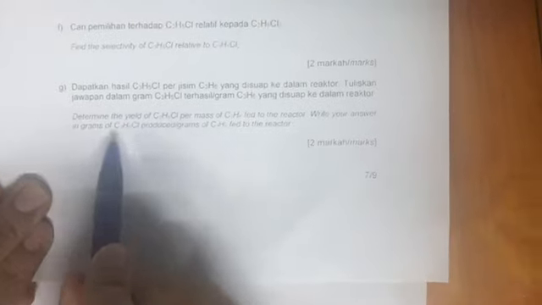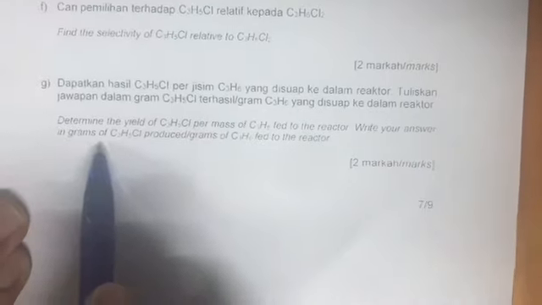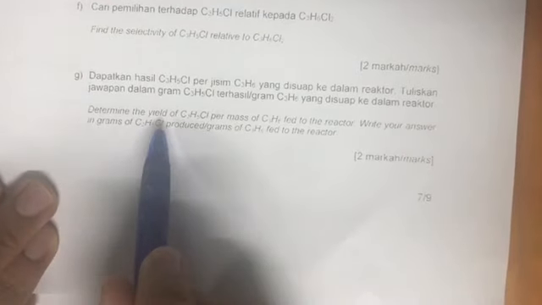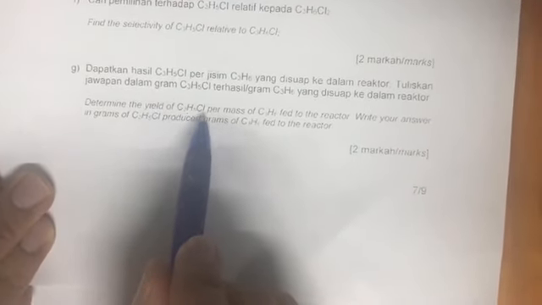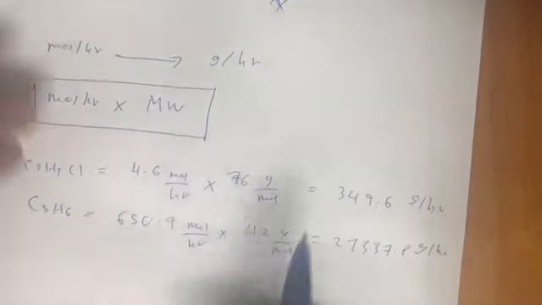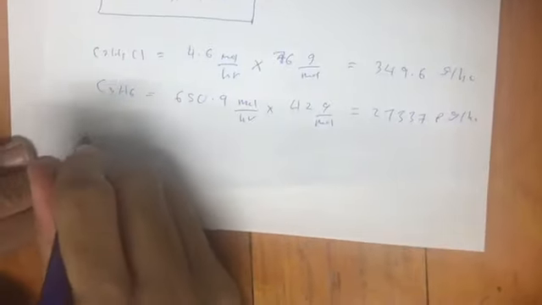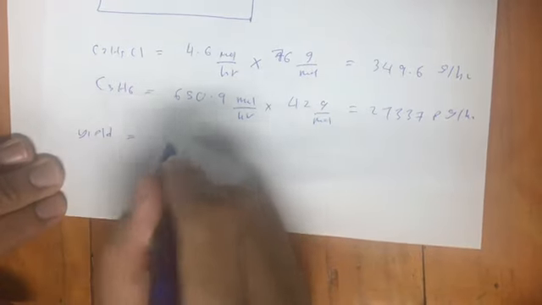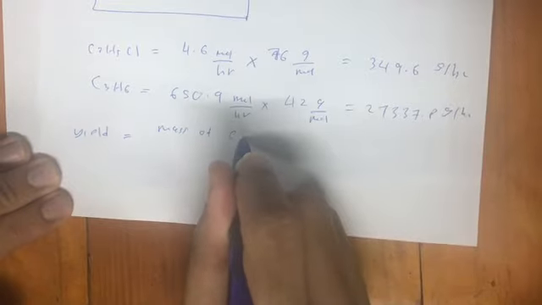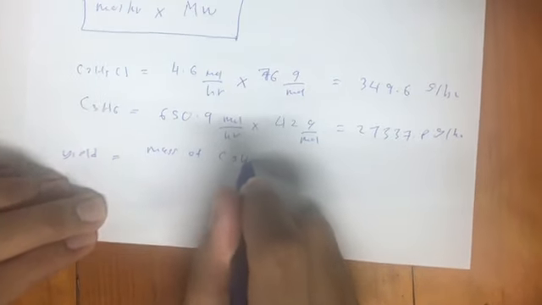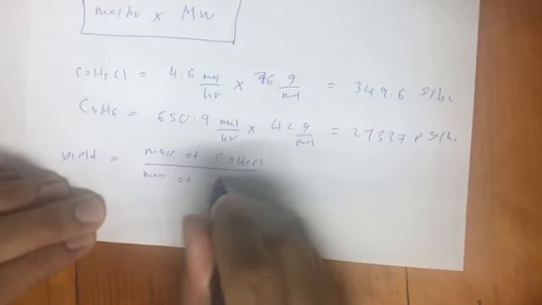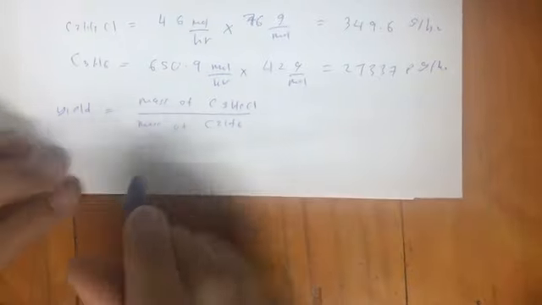So look at the question. It asks us the yield of C2H5Cl per mass of C3H6. So that means the yield is equal to the mass of C3H5Cl divided by the mass of C3H6.